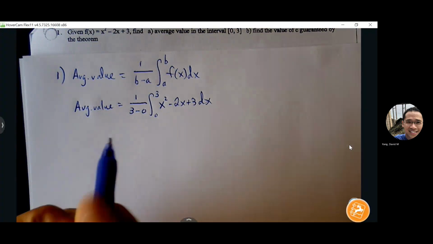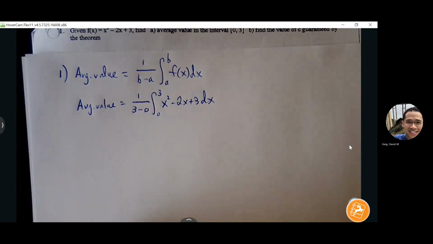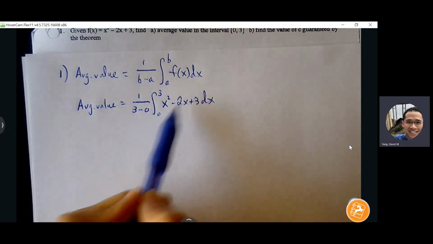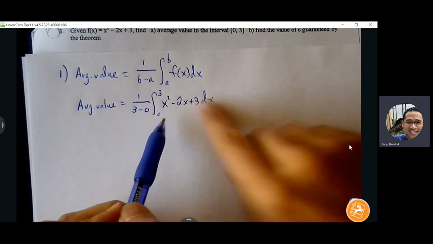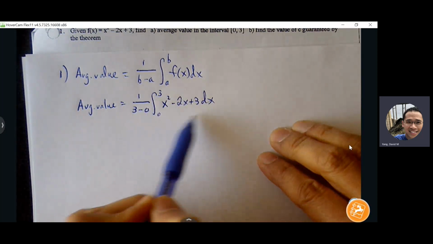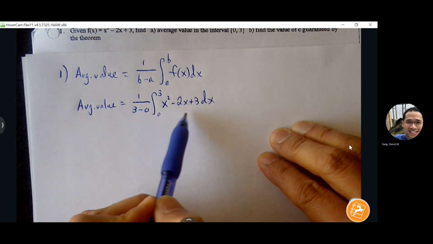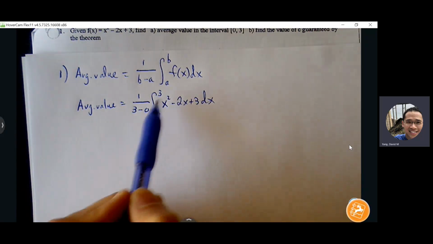All right, what's the first thing we have to do? We plug in the bounds to begin with? Bounds is the last thing, right? The 3 and 0 have nothing to do with this x squared. So we first have to find the antiderivative, right? We have to go through a power rule process.